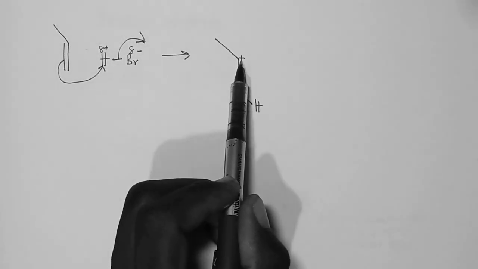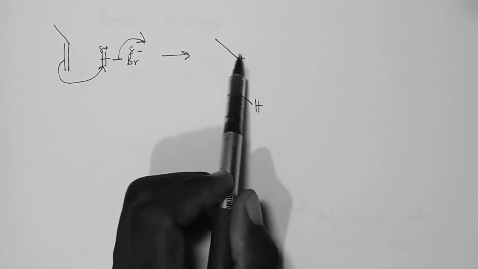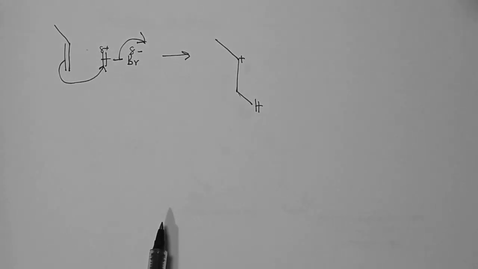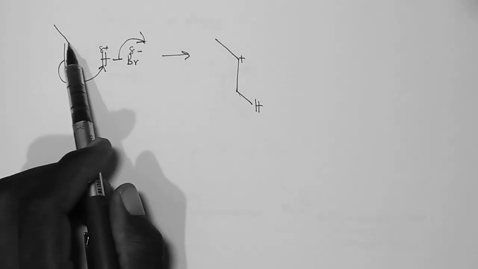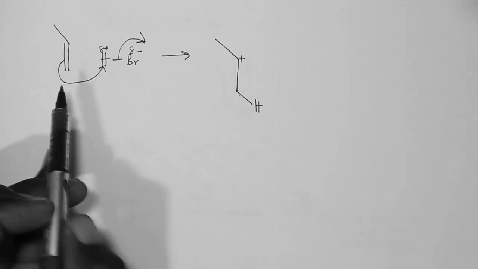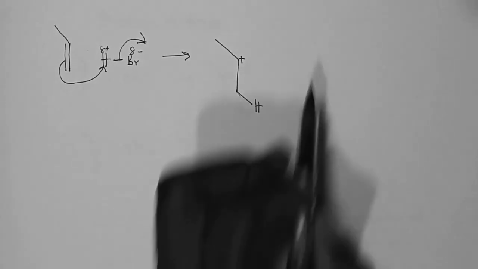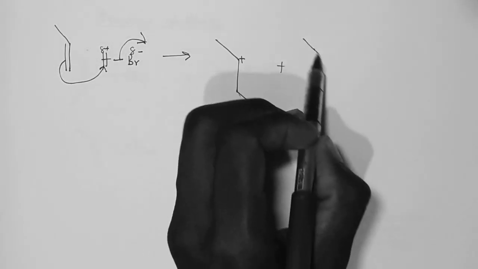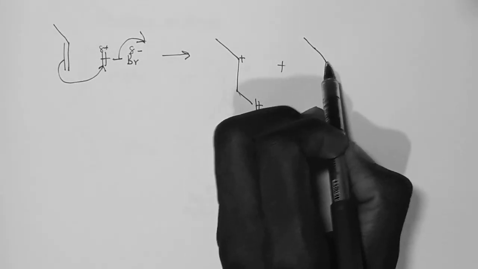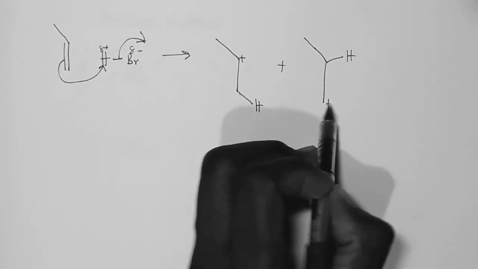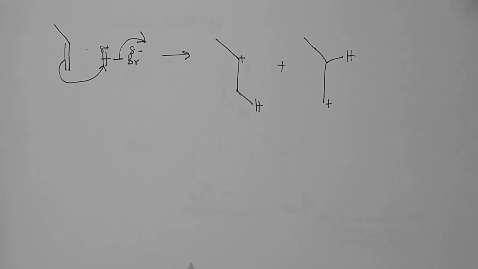Now you can see that there are two ways in which this carbocation could be created. Apart from here, the electrons could also be donated by this carbon, and therefore the carbocation could also be created like this. So the proton could be here, and then the carbocation created here.